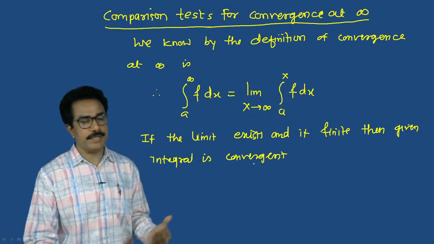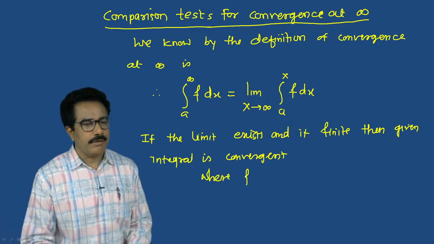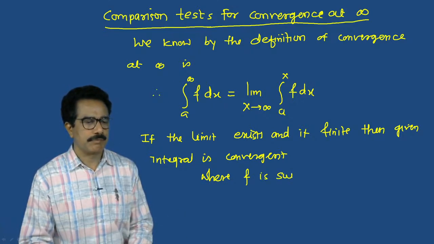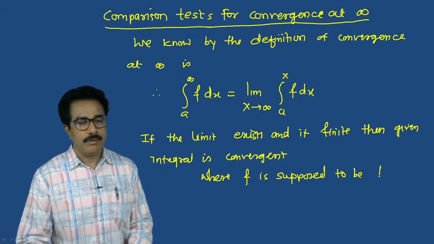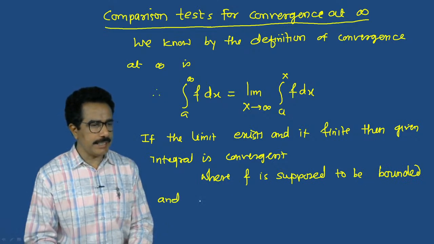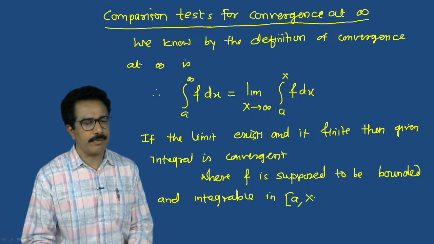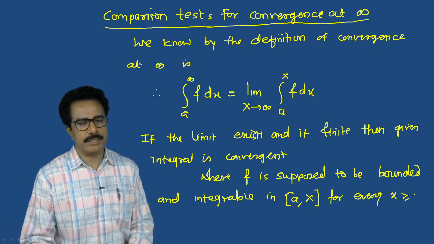This is the definition where the function f is supposed to be bounded and integrable in the closed interval a, x for every x greater than or equal to a.